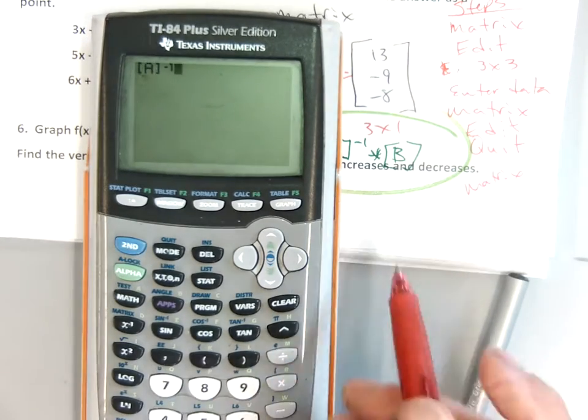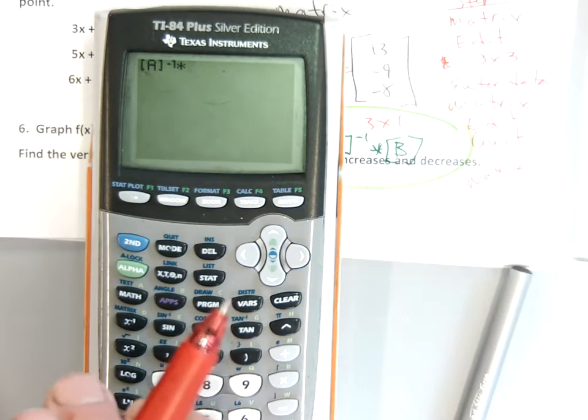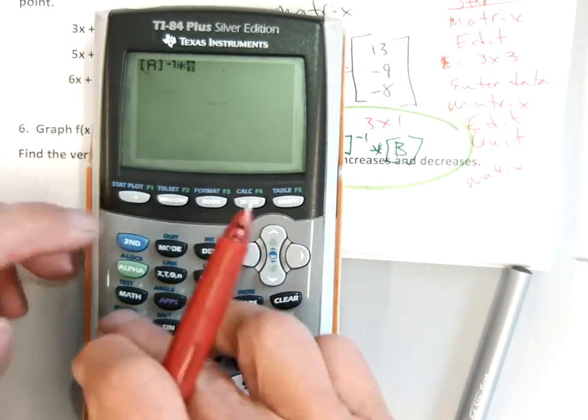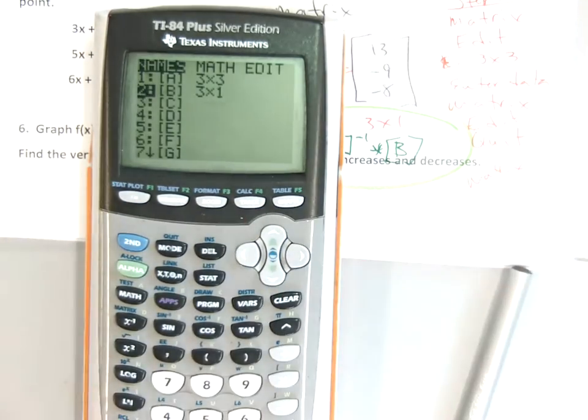And I need a little times symbol. And then I need to find matrix B, but that's in matrix, right? I need to find B. So I go back to matrix, okay? So I hit matrix again. And there's B, right? I've got B. If I hit enter, B is going to pop up, okay? So enter.